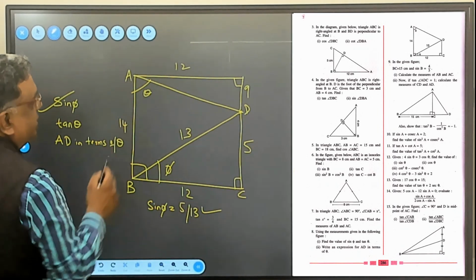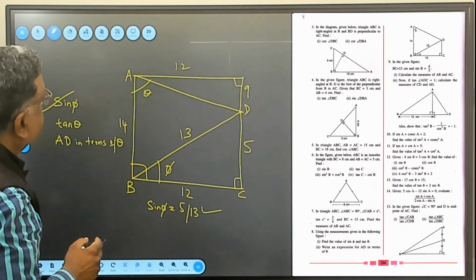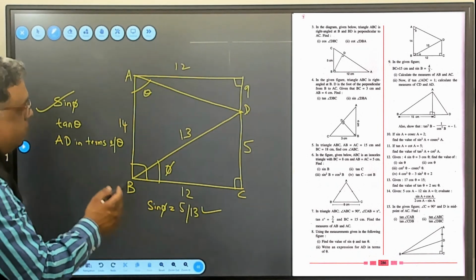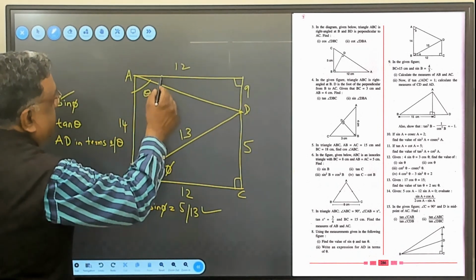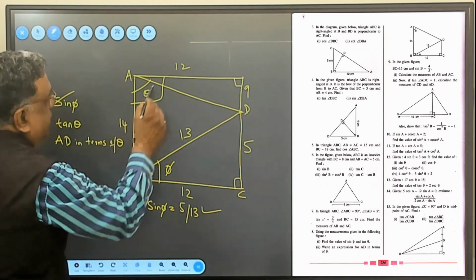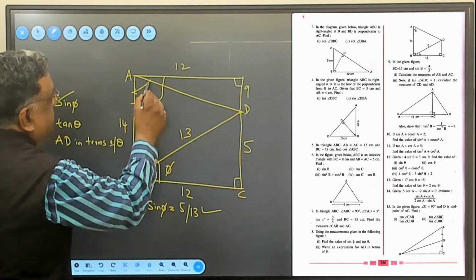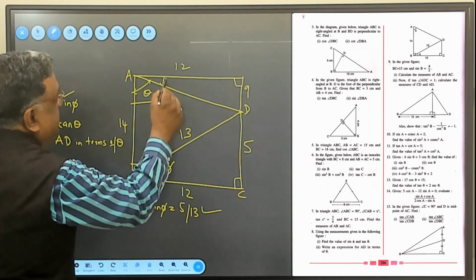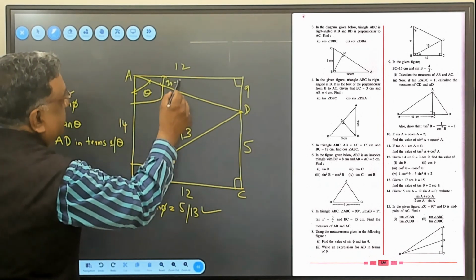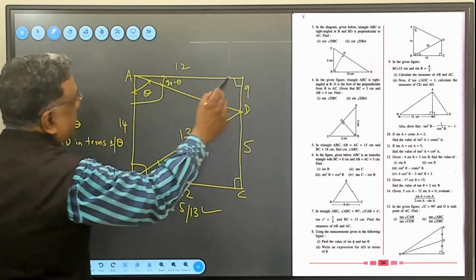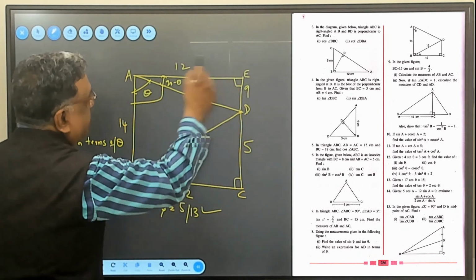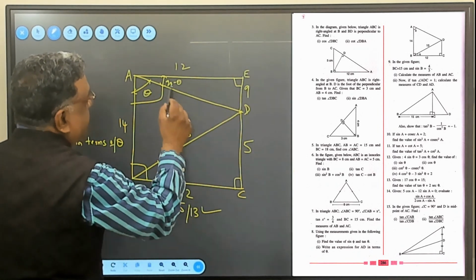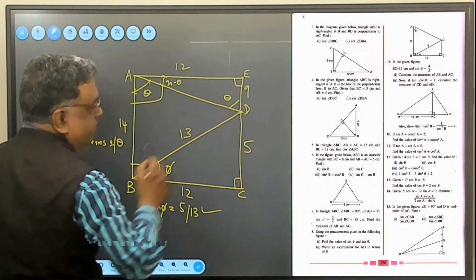Now I can find, so I extended this here, we did this here. If this entire thing is 90 and this is theta, the balance will become 90 minus theta. Now in this triangle, suppose I put this as E, ADE. If this is 90, this is 90 minus theta, so this will become theta.